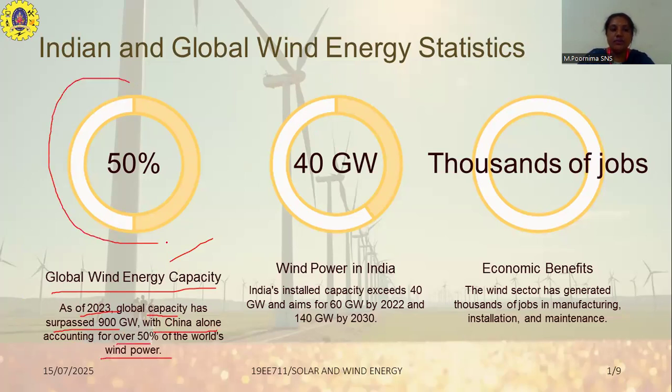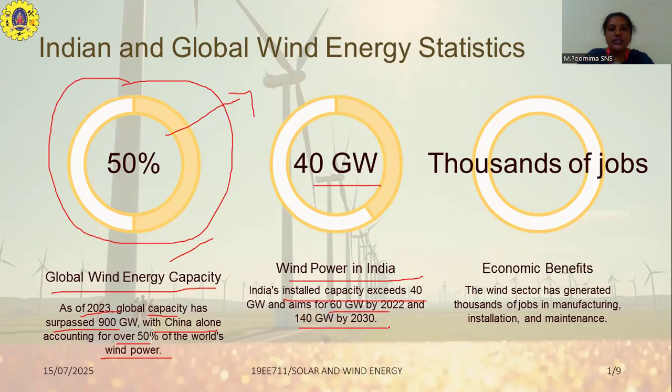Then 40 gigawatts of wind power in India: the installed capacity exceeds 40 gigawatts, and India aims for 60 gigawatts by 2022 and 140 gigawatts by 2030.